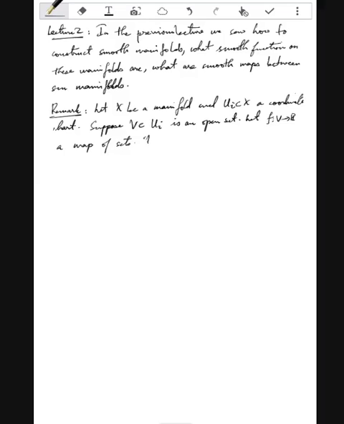Then there are two definitions of smoothness.